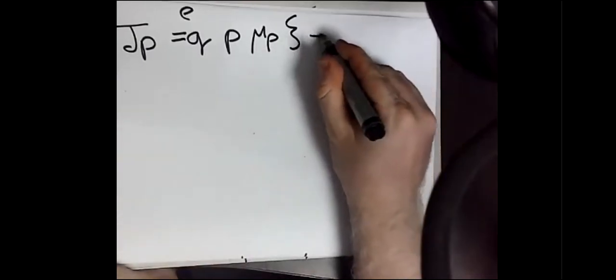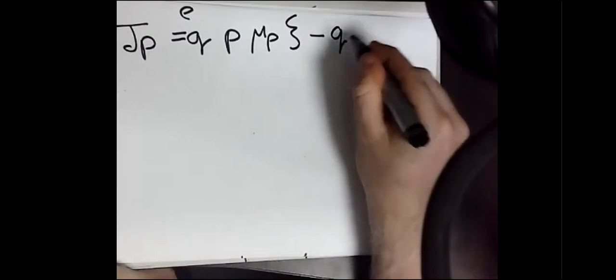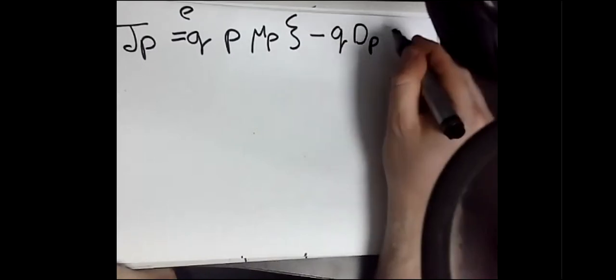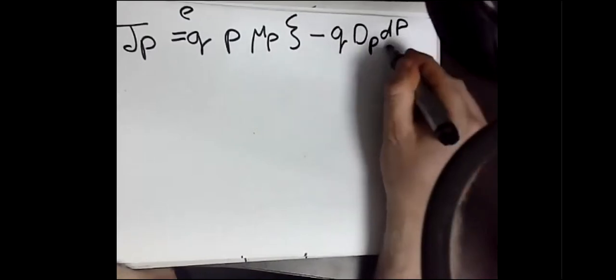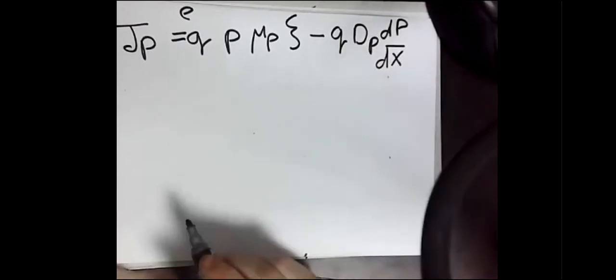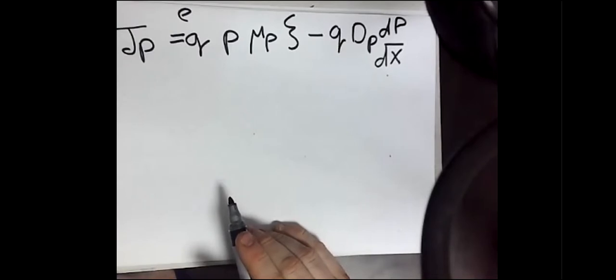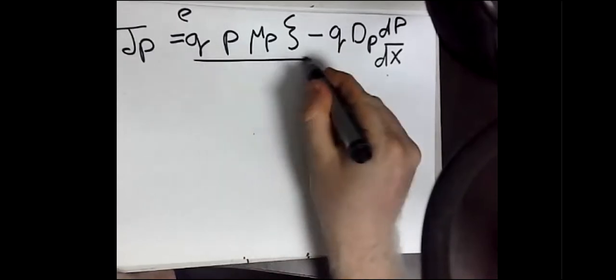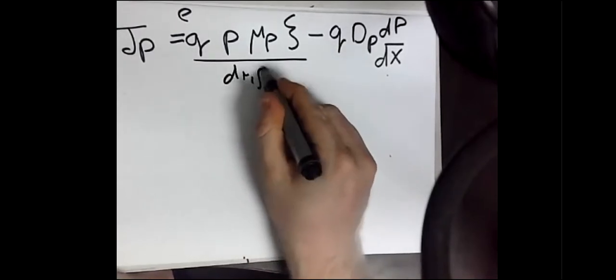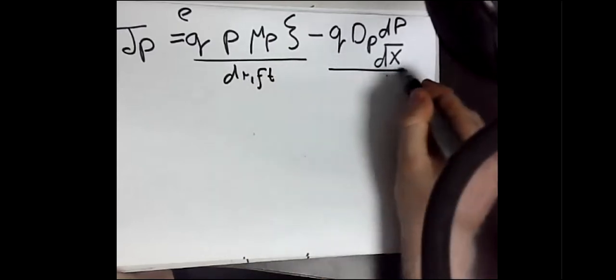Minus Q dp by dx. This is the general hole current. This term represents the drift, and this term represents the diffusion.